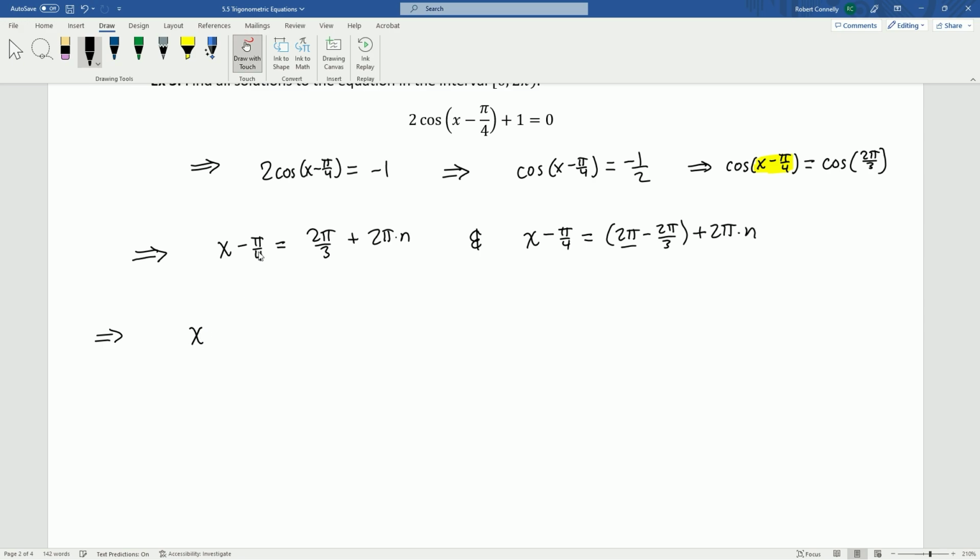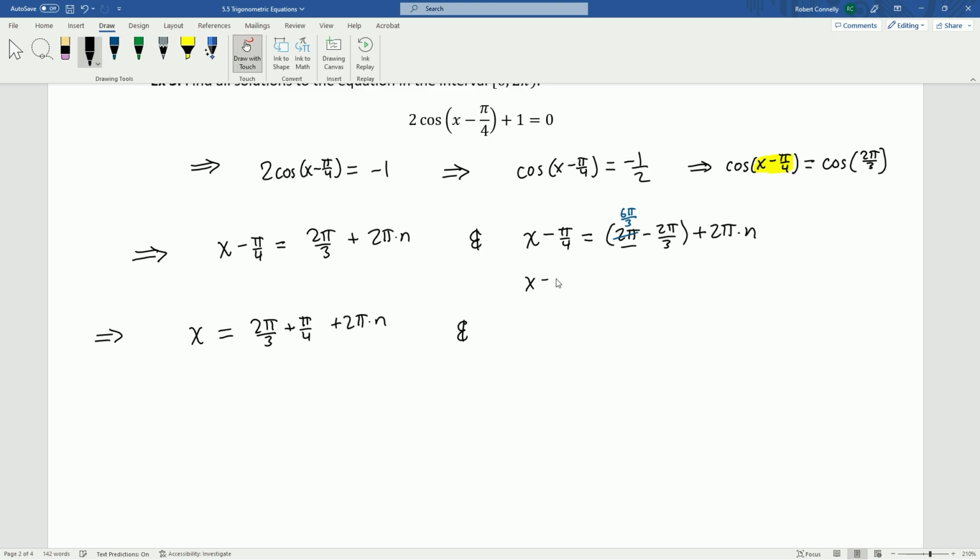So I'll start by adding pi over 4 to both sides here. Get 2 pi thirds plus pi over 4 plus my 2 pi integer multiples. And in here, I really need two different steps to get to the same place. First thing I'm going to do is rewrite 2 pi as 6 pi over 3 so that I can subtract these.